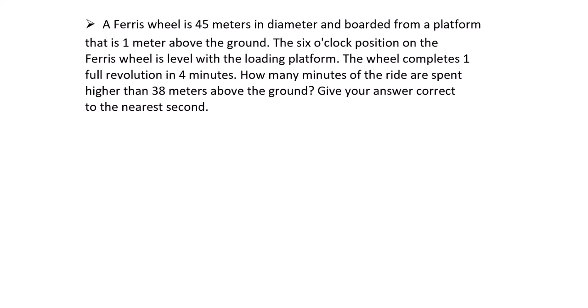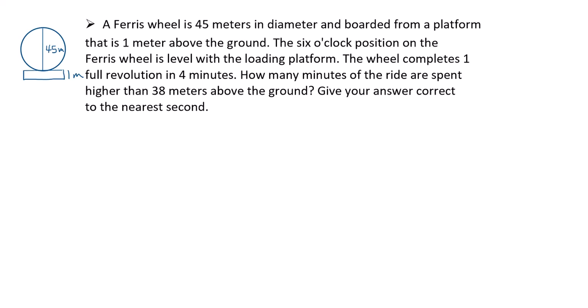Okay, so just as a way to picture this problem, we have a Ferris wheel that has a diameter of 45 meters, and it's on this platform that is 1 meter above the ground.